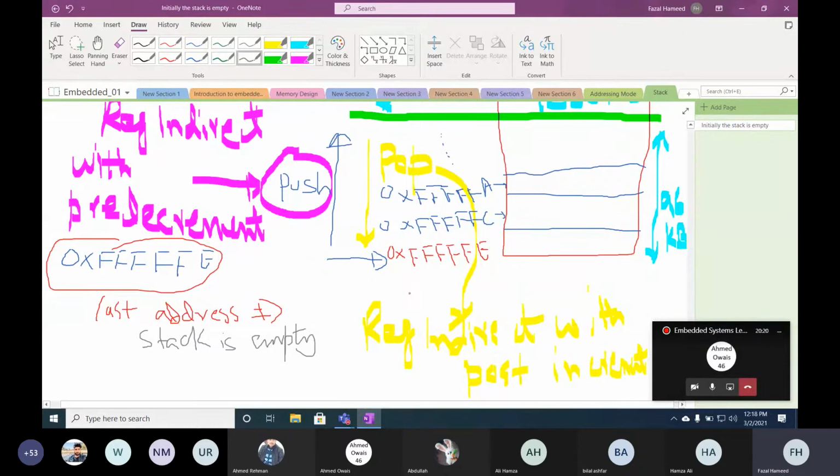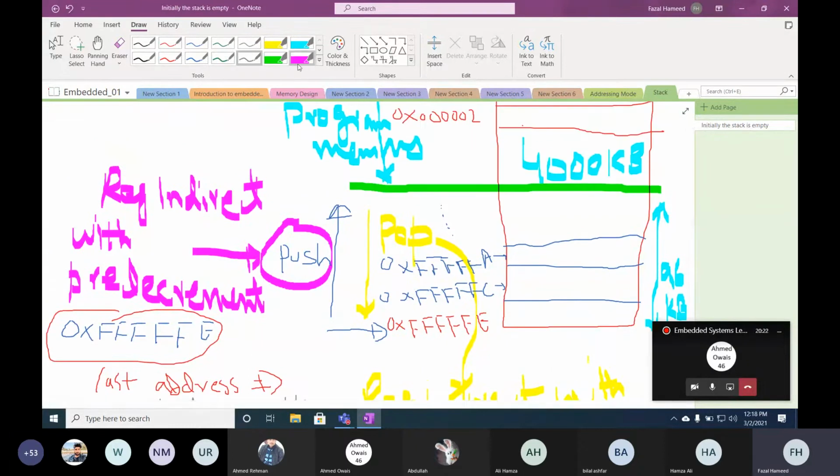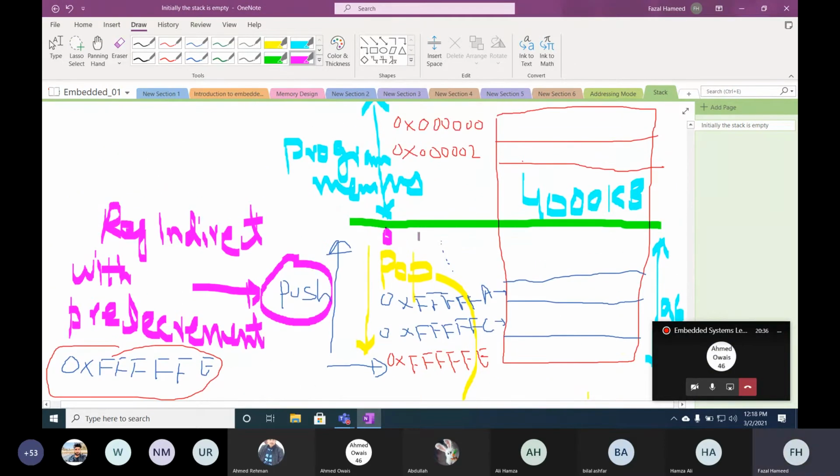Now we also have some base address for the stack. You can calculate that base address. When the stack pointer reaches here, what does it imply?